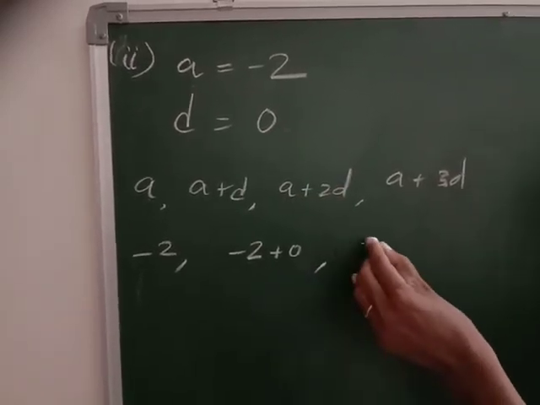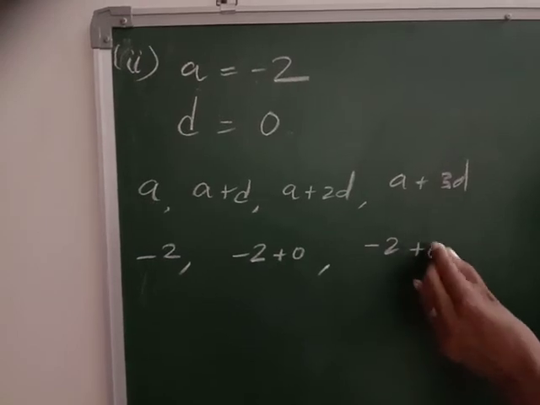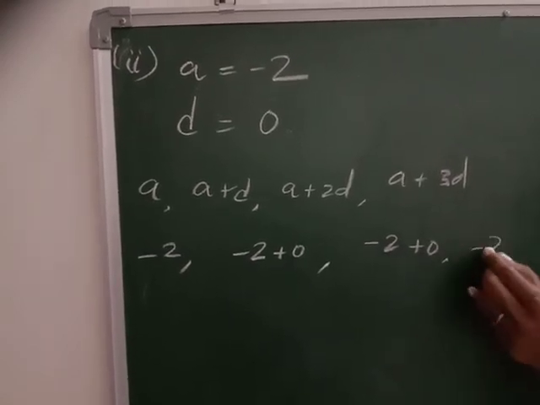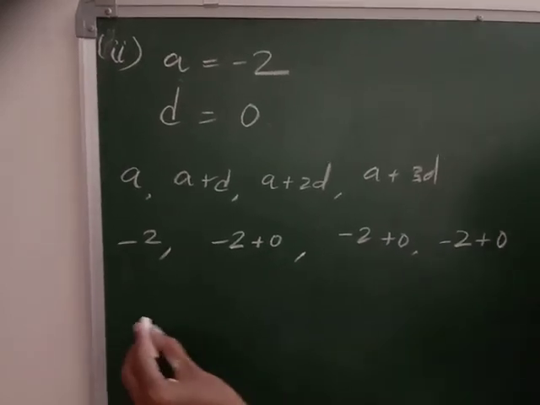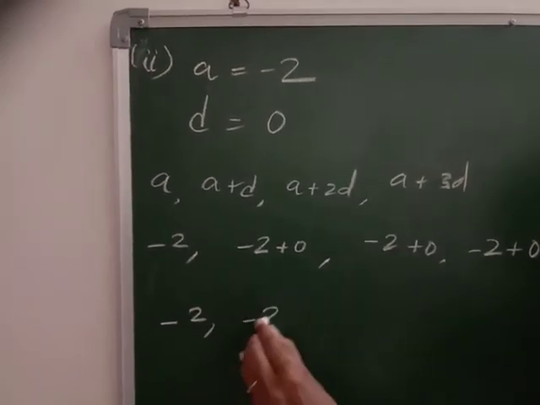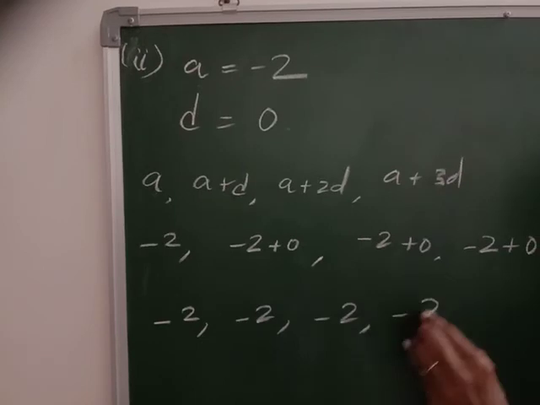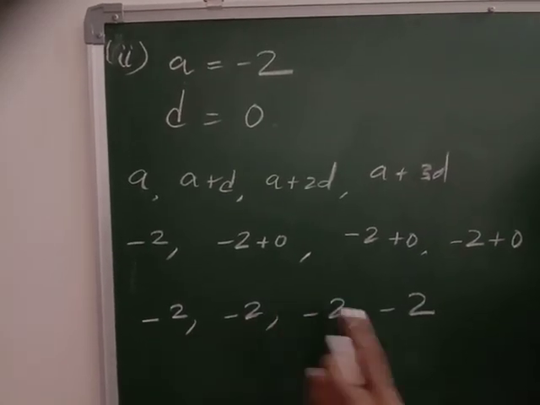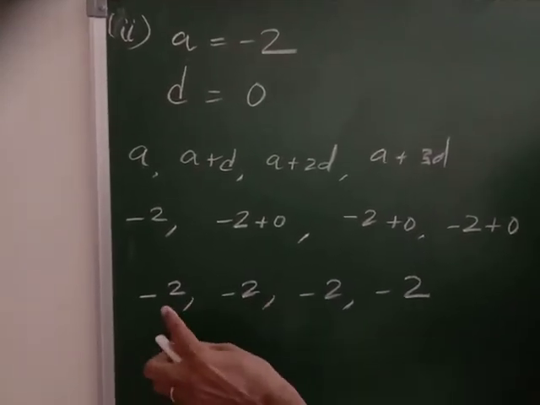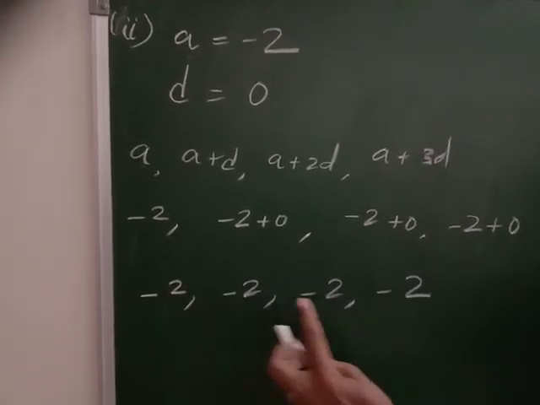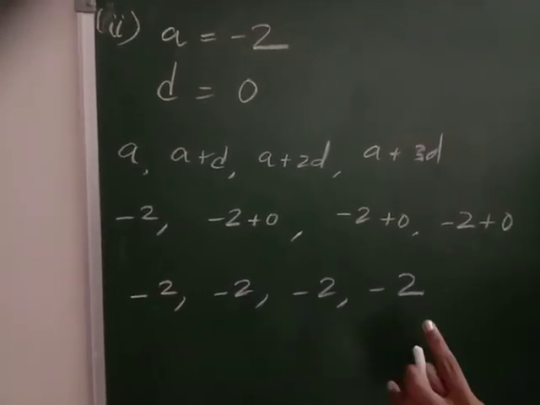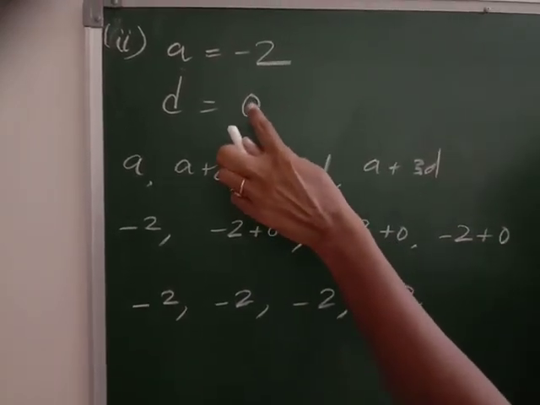So here again minus 2. That is again 2 into 0. Again minus 2 plus again 0 because 3 into 0 is also 0. So here my AP is minus 2, minus 2, minus 2. So first 4 terms of second is minus 2, minus 2, minus 2, minus 2. First term, second term, third term, fourth term, all are same because common difference is 0.